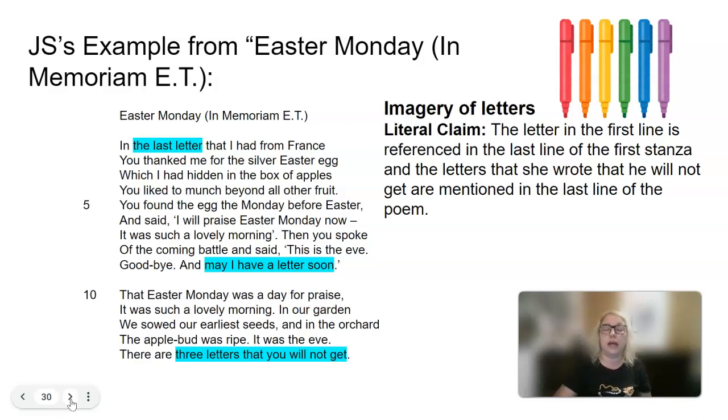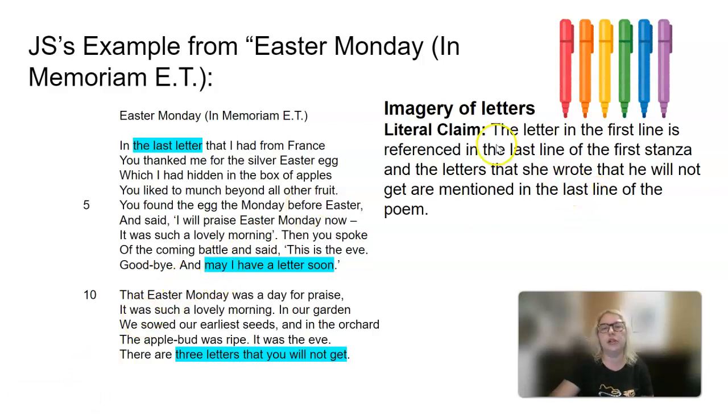When you make a literal claim, you're analyzing, you're taking apart an aspect of the text that has some interesting aspect of language, some kind of feature that is formal or technical. In this case, it's imagery.